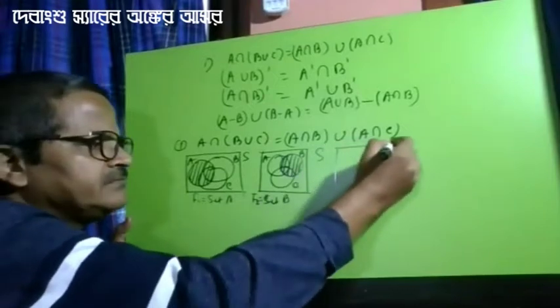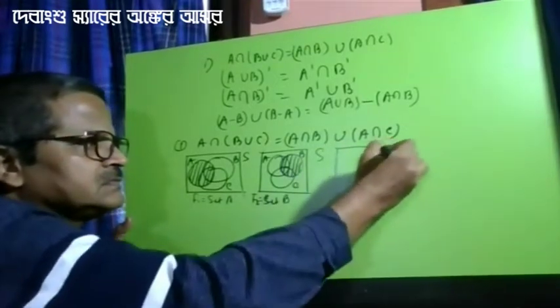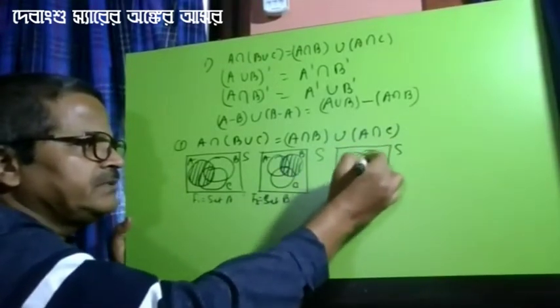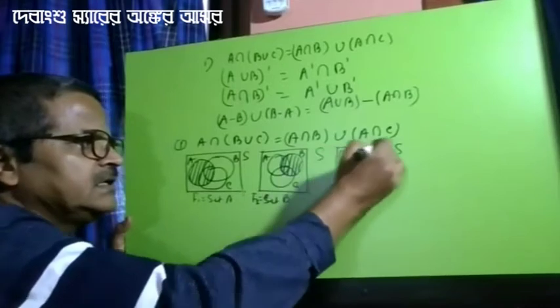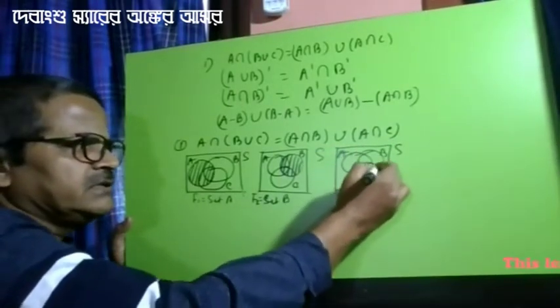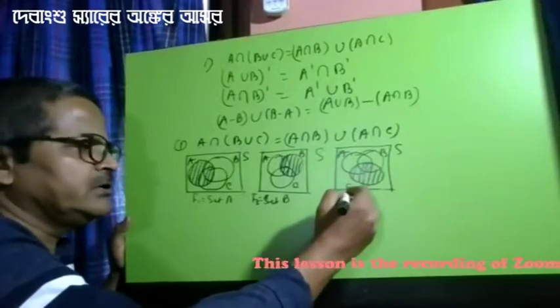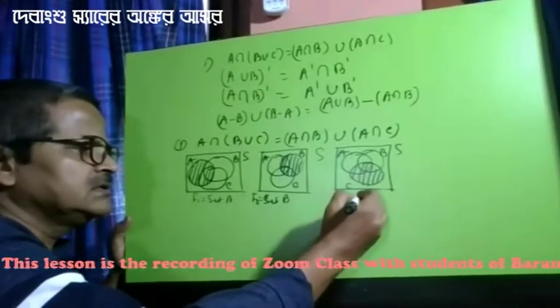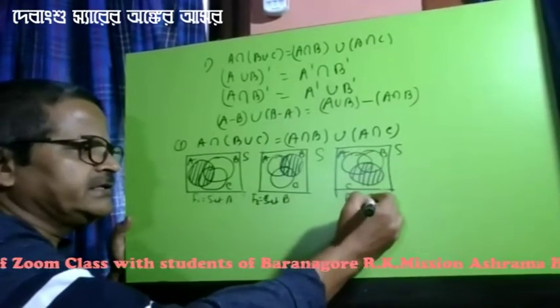And third, A, B, and C. If you don't construct these three diagrams, you may lose your marks. 1 mark will be deducted.